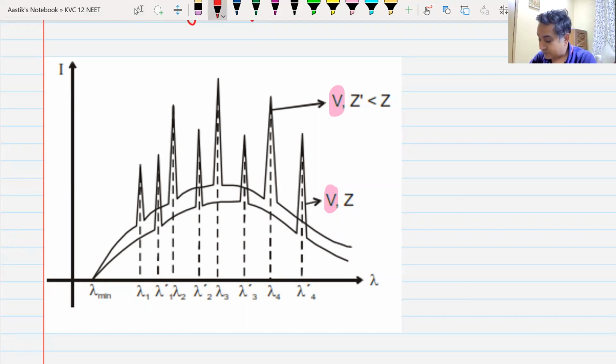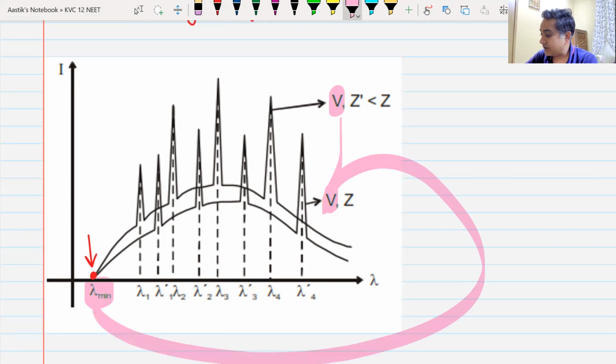What is the thing that you have to note? That it starts from the same wavelength, because this wavelength only depends on the operating voltage, and as you can see, operating voltages are the same.